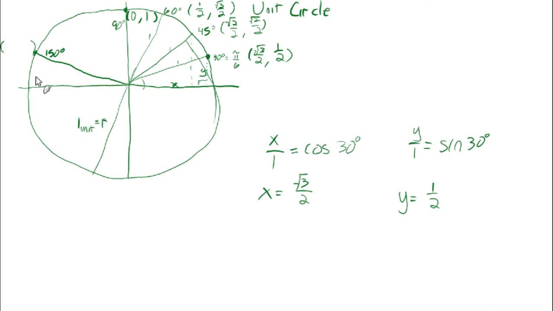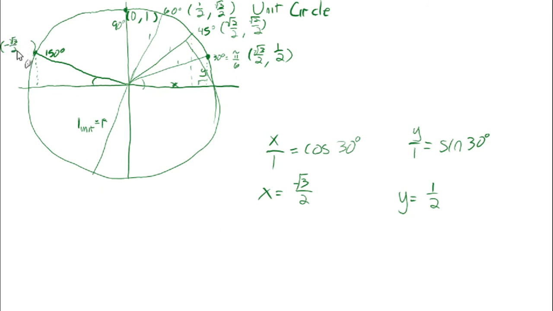Well, if you remember from the beginning of this video, if you want to find the sine and cosine of this big angle 150, we could just create this small triangle here and use it. Well, this is exactly the same as this triangle over here. This angle is 30, this angle was 30. So the coordinates are going to be exactly the same as this triangle, only the x over here is negative. So negative root 3 over 2.